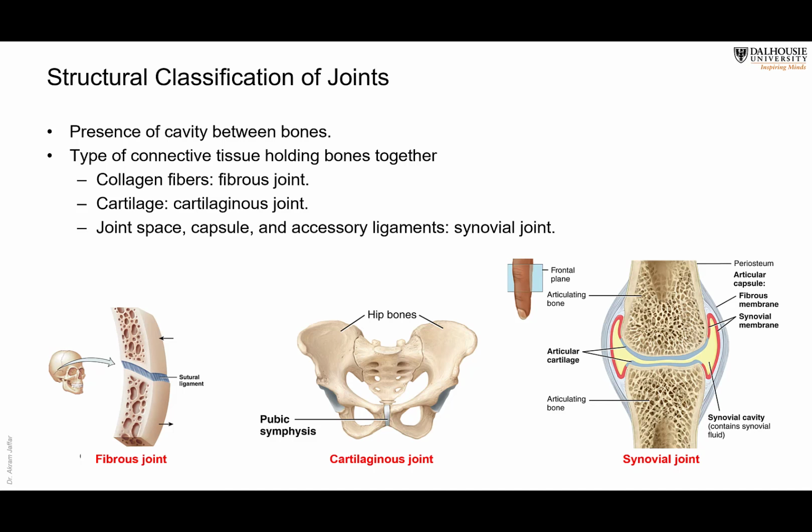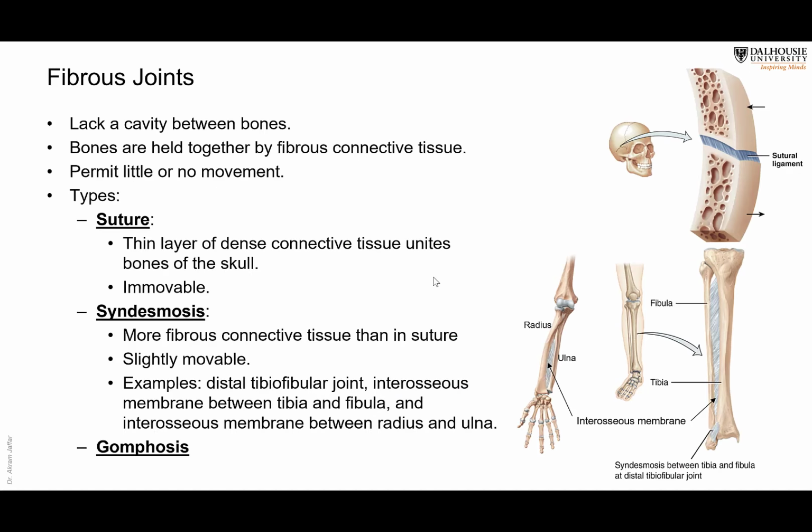And then the third type of joint, when there is a space, a fluid, a synovial membrane, and these are the highly mobile joints. So whenever we need a mobile joint, the structure will be in the form of a synovial joint.